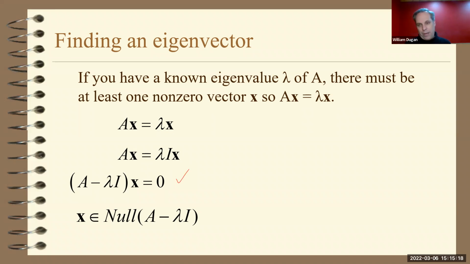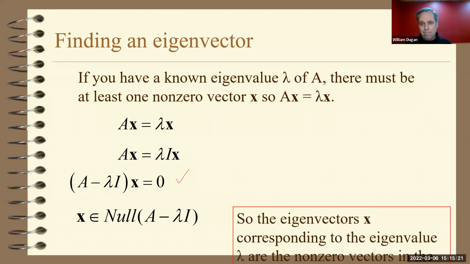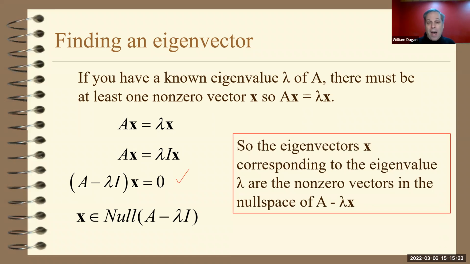So it's not just the zero vector; there's more in it. So the eigenvectors corresponding to an eigenvalue are always the non-zero vectors in the null space of A minus lambda times I. That's a really nice and easy way to figure out what the eigenvectors would be.